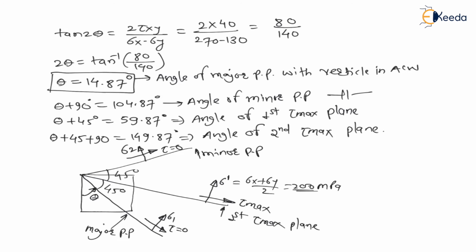On both principal planes shear stress is 0, and from this minor principal plane again add 45 degree angle, there will be second tau max plane. Means on this plane the maximum shear stress is acting, the shear stress is tau max, and again on this plane the normal stress is sigma dash, which is nothing but sigma 1 plus sigma 2 by 2. Right. This is how we have to locate the planes.